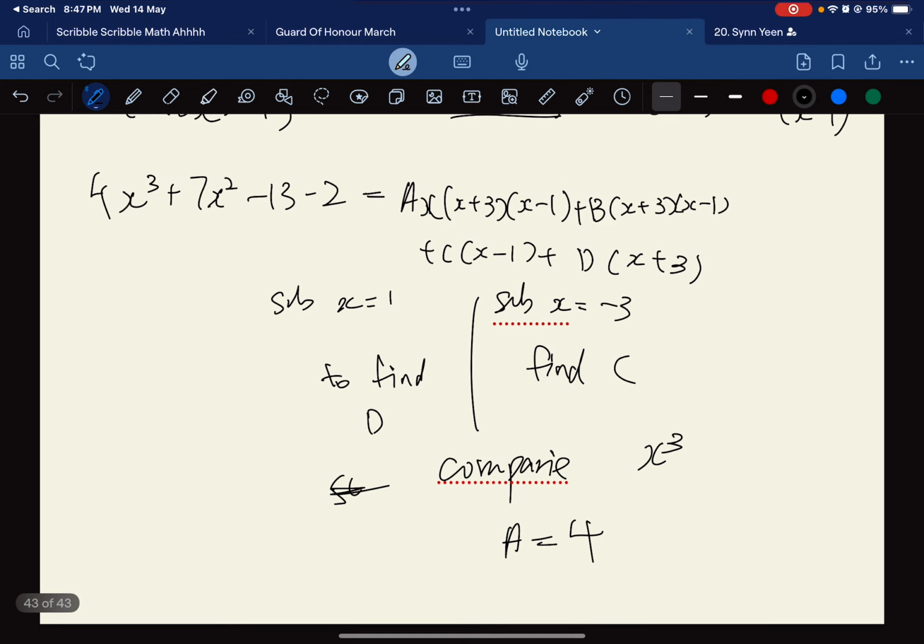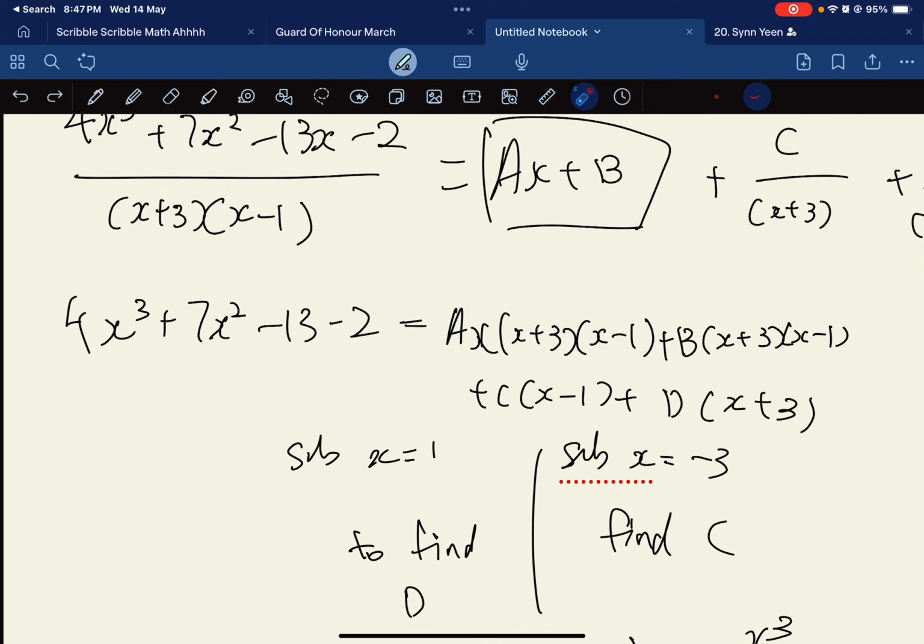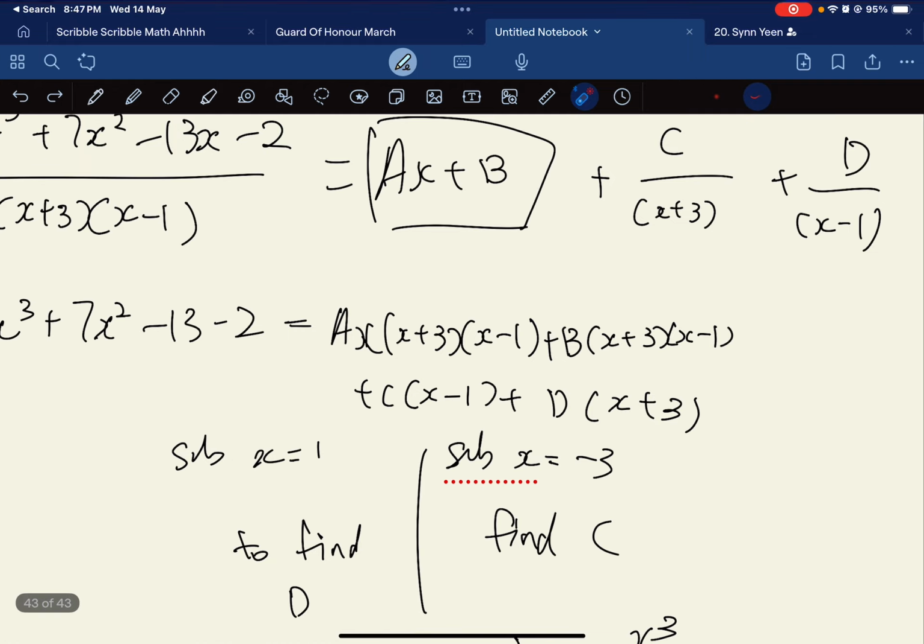Oh wait, I'm correct. Sorry. And then how to find b? I see wrong, sorry, I'm a bit blind. If I say find b, so simple. You take x squared, this one also x squared. Straight away can.